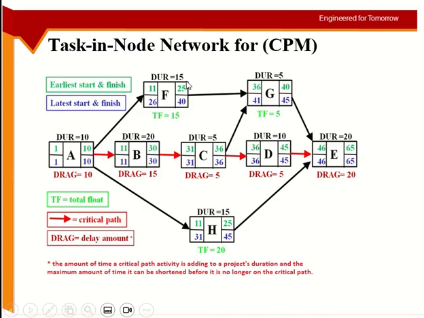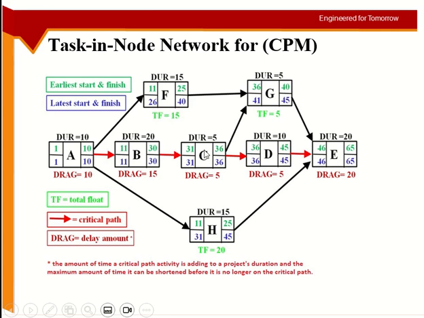Then you will add the duration, again including day 11, so basically from 10. So 10 plus 15, 25, early finish. 10 plus 20, early finish 30. 10 plus 15, early finish 25. So you got the early finish for the next activities.